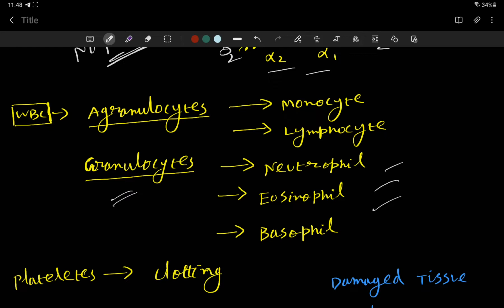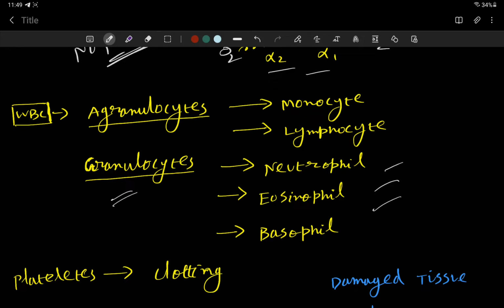They act as phagocytic cells, gobbling up or engulfing bacteria or microorganisms when they enter the body. The eosinophils control the common allergic response, and the basophils secrete heparin, which acts as an anticoagulant inside the blood.